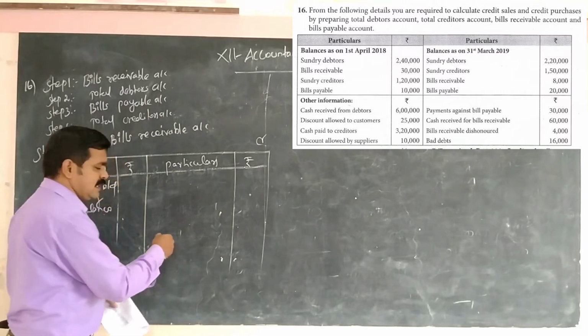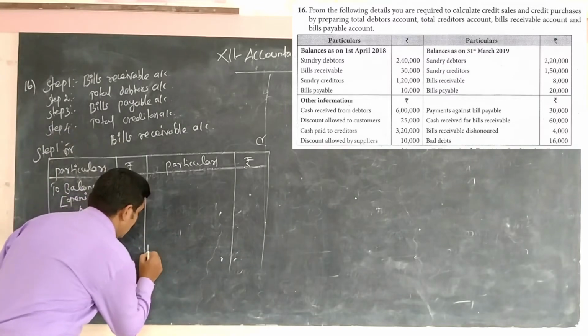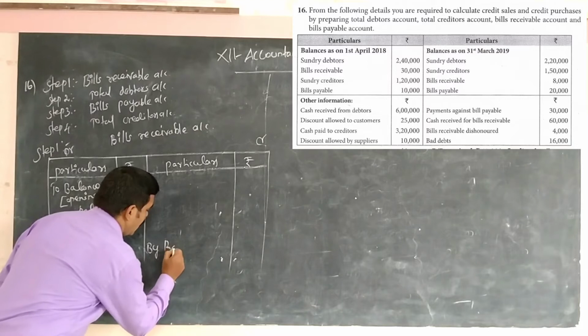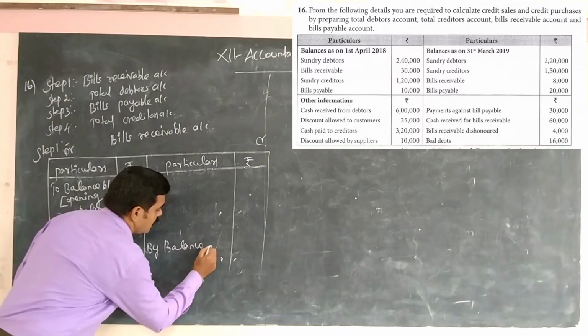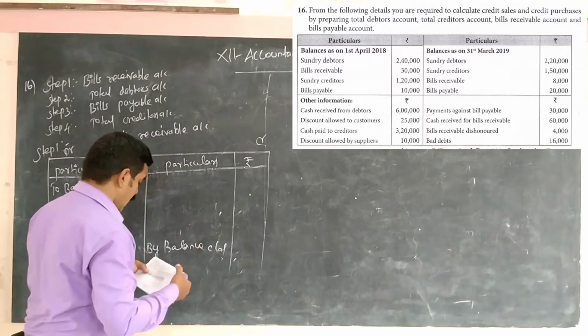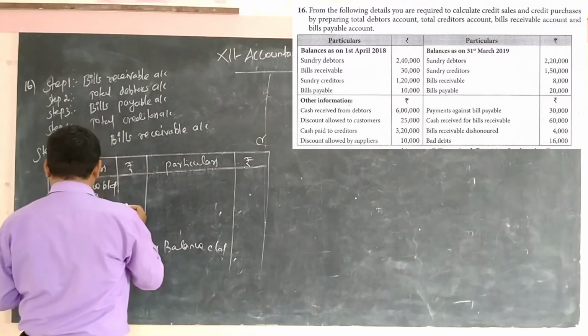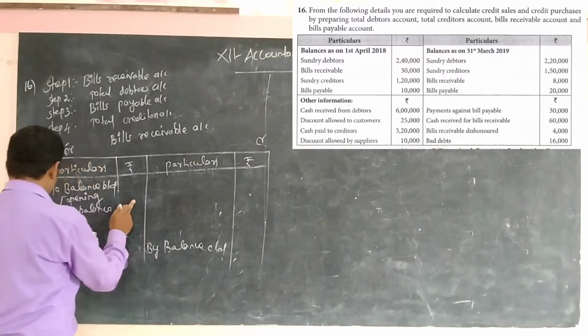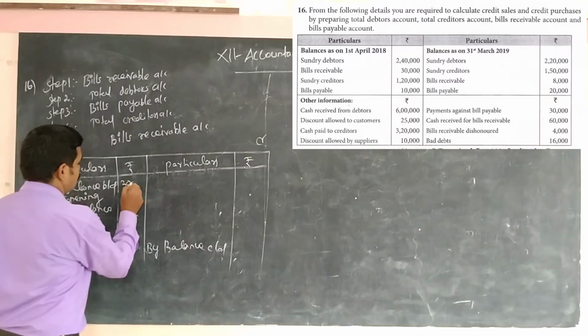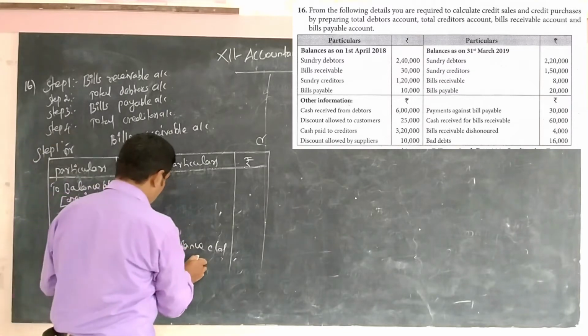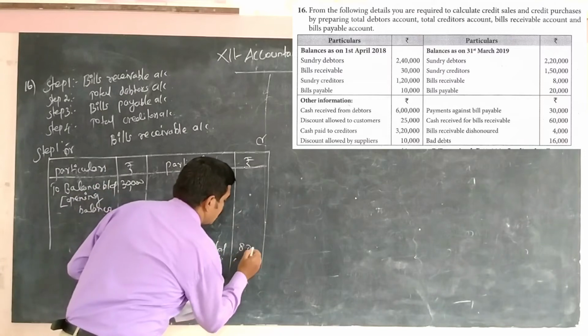Closing balance, that is by balance carried down. The opening balance amount is 30,000, and the closing balance amount is 8,000.